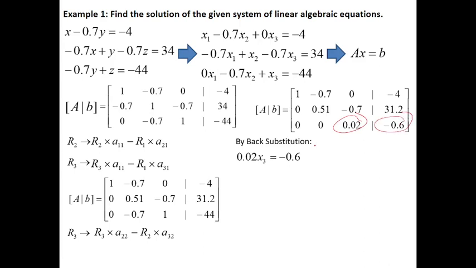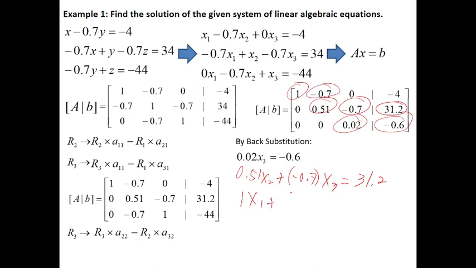Tapos, ito naman, 0.51x2 plus negative 0.7x3 equals 31.2. Tapos, ito naman, 1x1 plus negative 0.7x2 plus 0x3 equals negative 4.